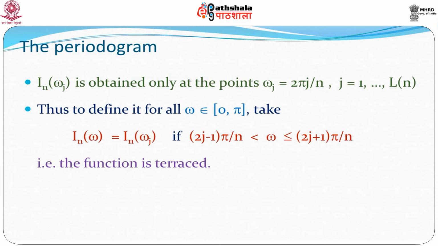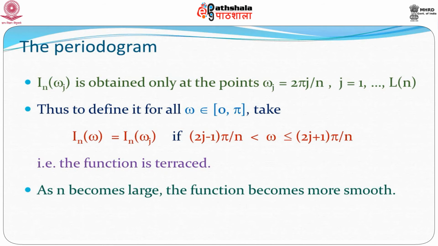At each omega j, we extend this I value on either side as a line parallel to the horizontal axis, and depending on which level we are at, we get a flat line. The difference between the 2 points is exactly divided, half goes to one point, half to the other point, and you get a horizontal line. So, it looks like some sort of a terraced thing, sometimes going up, sometimes going down.